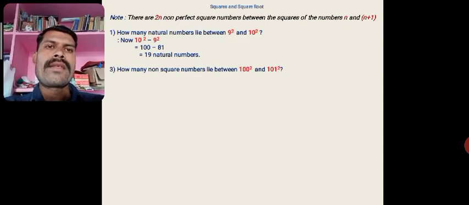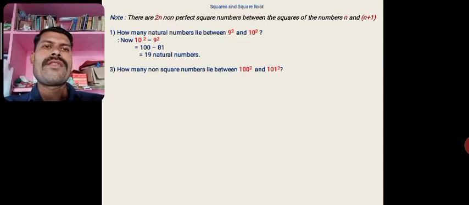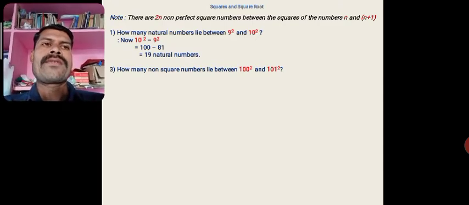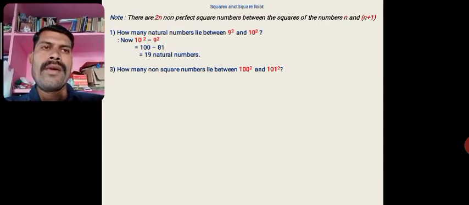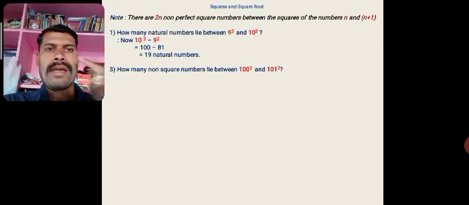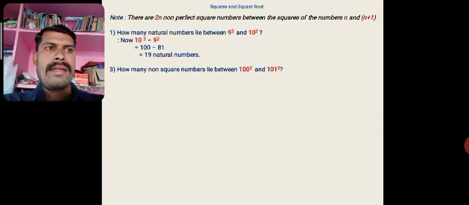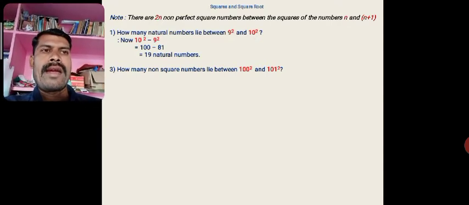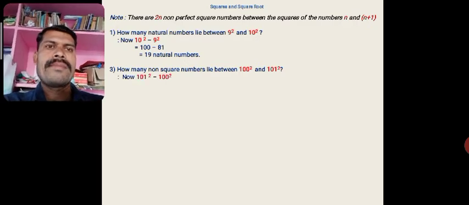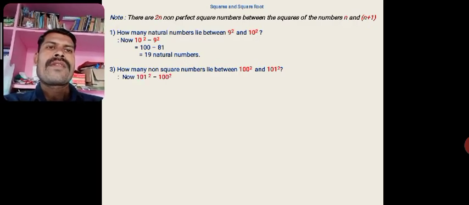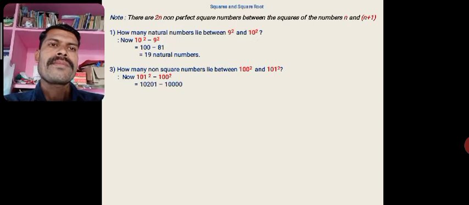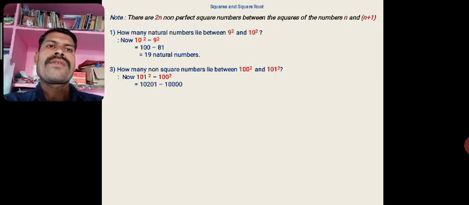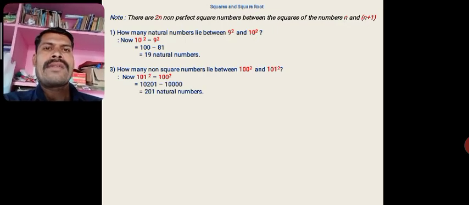Now take one more example. How many non-square numbers lie between 100 square and 101 square? Without calculating all of them, we can identify it here. You see here, 101 square minus 100 square, that is 10,201 minus 10,000, gives 201 natural numbers.